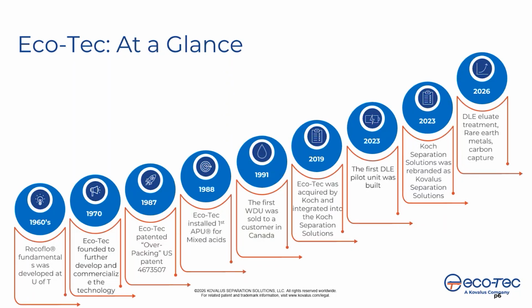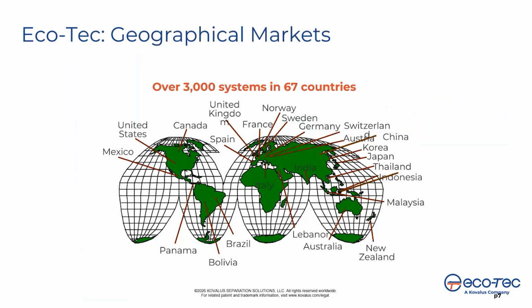Our sustainable future focus areas are mainly on lithium eluate treatment, rare earth metals, and carbon capture. With this history, we have delivered more than 3,000 systems across 67 countries, and that total footprint reflects what we have been doing at CaCO₃ for decades.